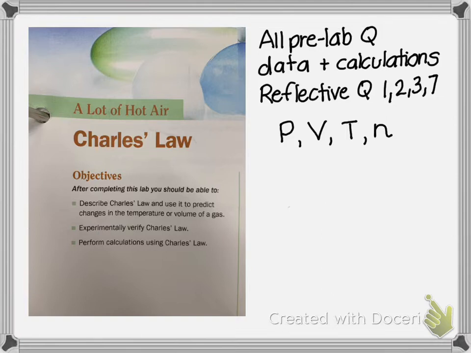But oftentimes, gas laws look at the relationships of 2 or more of the properties to each other, and to do that, they have to hold some of the properties constant. So Charles Law looks at volume and temperature and their relationship when they hold pressure and the amount constant.